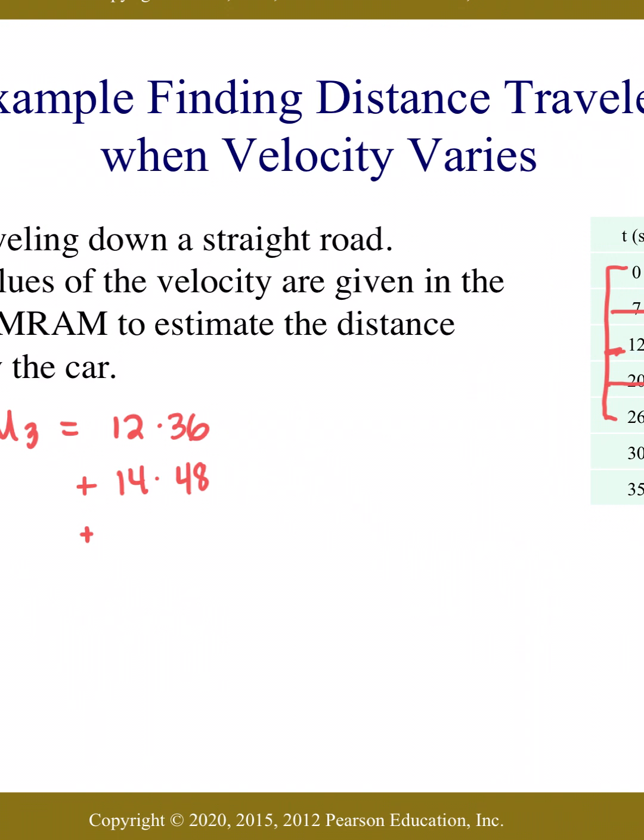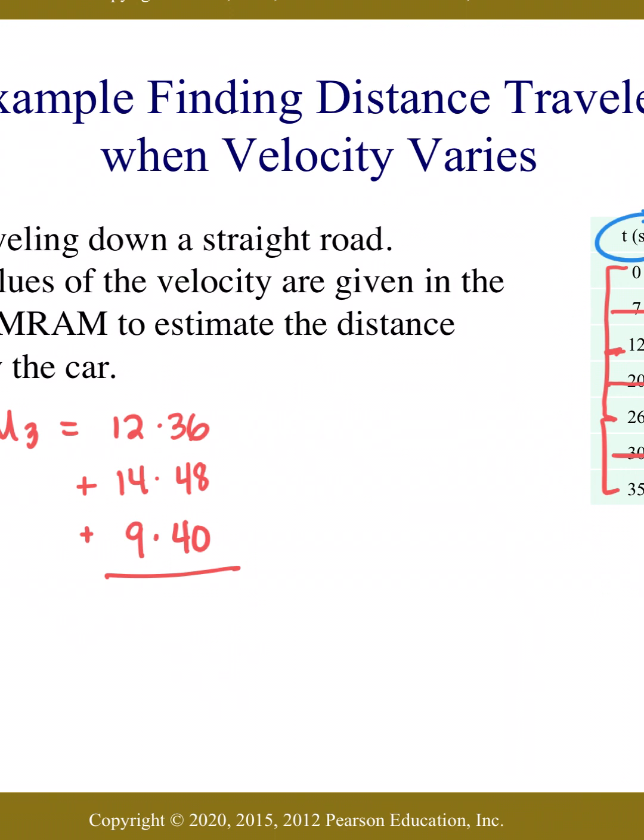And then plus, my last one is going to go from 26 to 35. What's that interval? Okay, 9 times the middle value of 40. And that'll be how we calculate MRAM. What are the units going to be if we're multiplying the time interval, which is in seconds, and the velocity value, which is in feet per second?